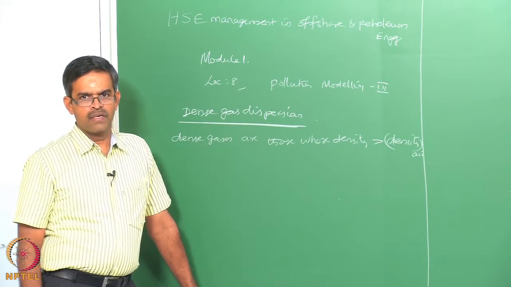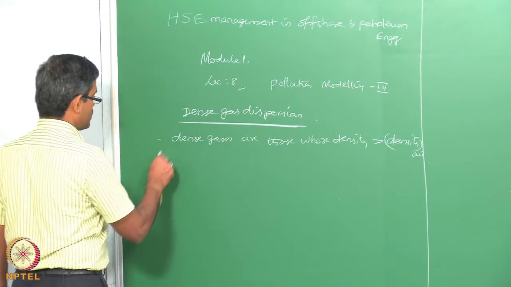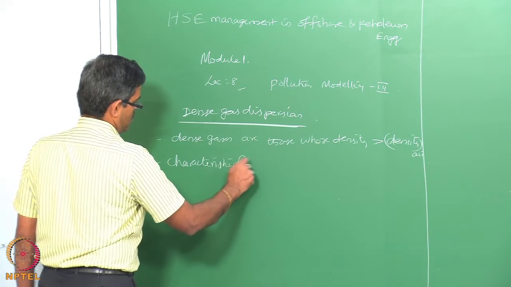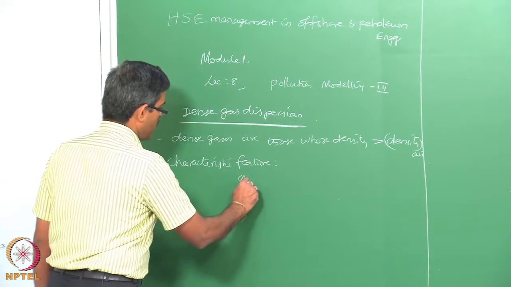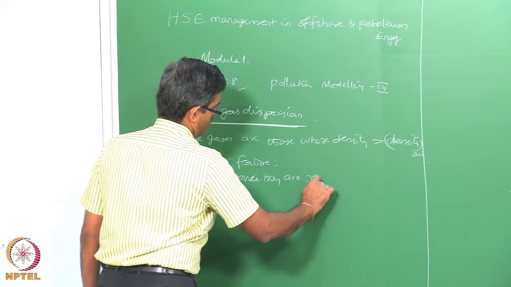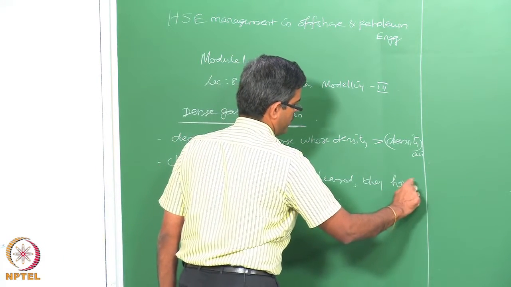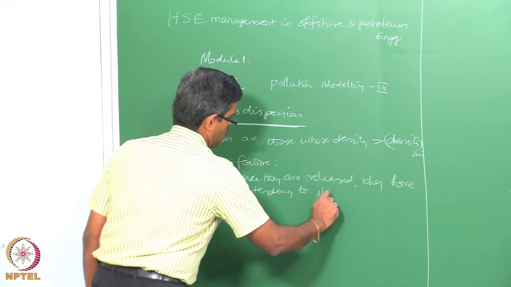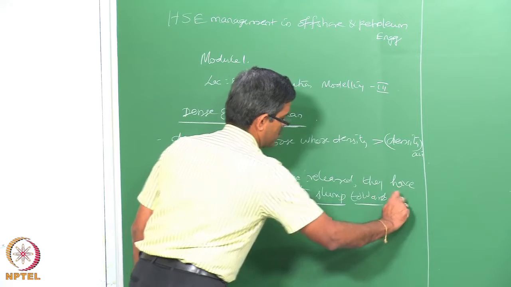Dense gases released from the source initially slump towards the ground, that is a characteristic feature. The most important characteristic feature of a dense gas is that once they are released, they have a tendency to slump towards the ground.